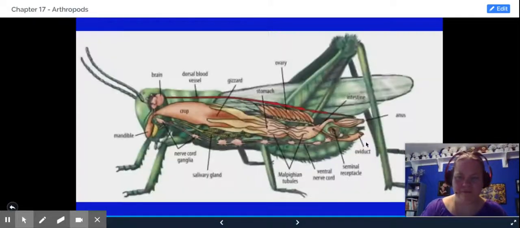Okay. So like right here, spiracles would be located right around here. You can see the dorsal blood vessel up here, the nerve cord on the ventral side. Okay, Malpighian tubules would be right here. Mandibles located here, and the basic digestive system is through there.